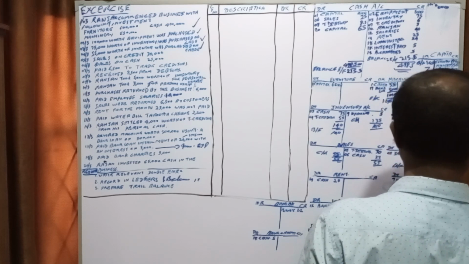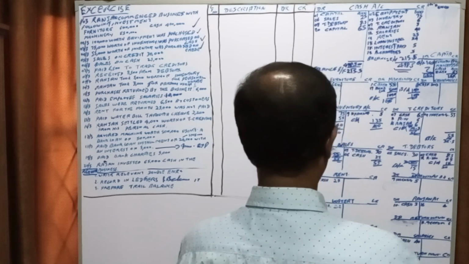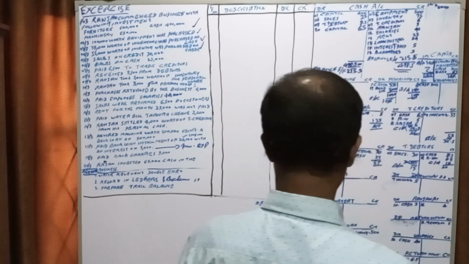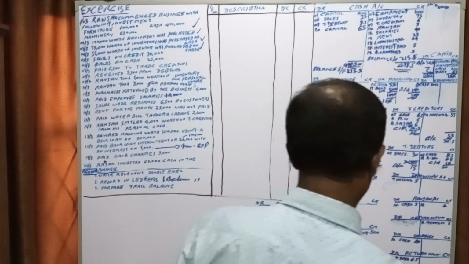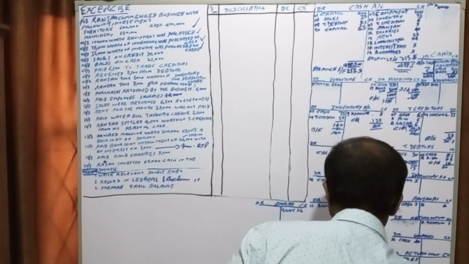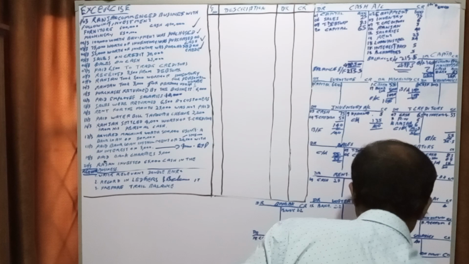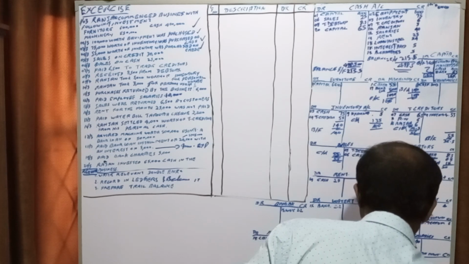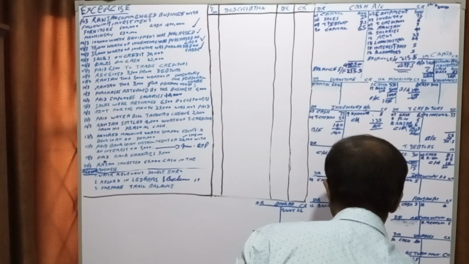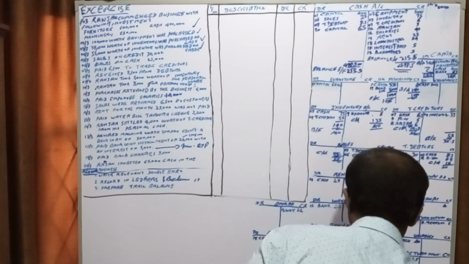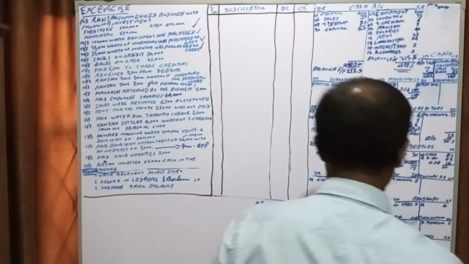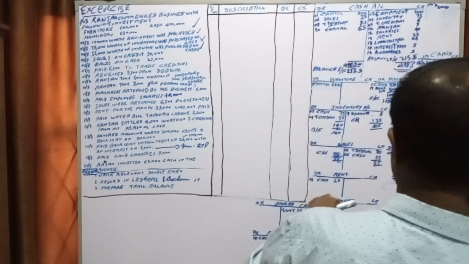Here rent is 25,000, a single entry that doesn't need to be balanced. Here is 500,000 bank loan, carried down 476,000, brought forward 476,000. All the others are single entries.